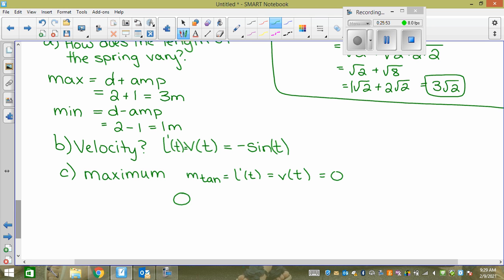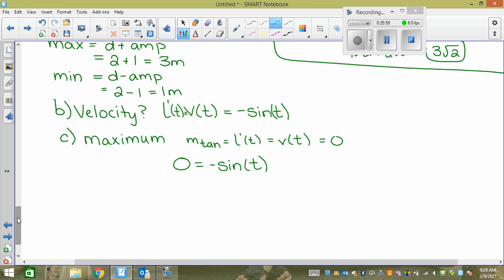So 0 equals negative sine t. Divide by negative 1. Sine of t equals 0. Now it's a word problem, so it's in radians, correct? It's also calculus, so it's always in radians. There's no degrees anymore. They evaporate into space until May, when you go back to 30F. When is sine, which is y, equal to 0?